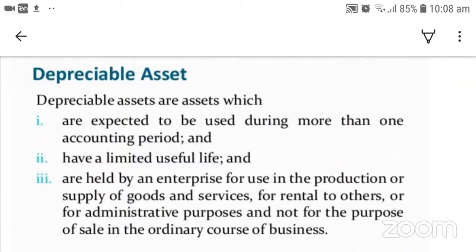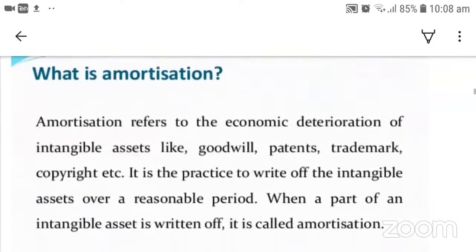We will estimate the lifetime of the asset. They have a limited useful life; every asset will have a lifetime. They are held by an enterprise for use in the production or supply of goods and services, for rental to others, or for administrative purposes, and not for the purpose of sale in the ordinary course of business. Depreciation is a continuous process. As long as the asset is there, we will charge depreciation.